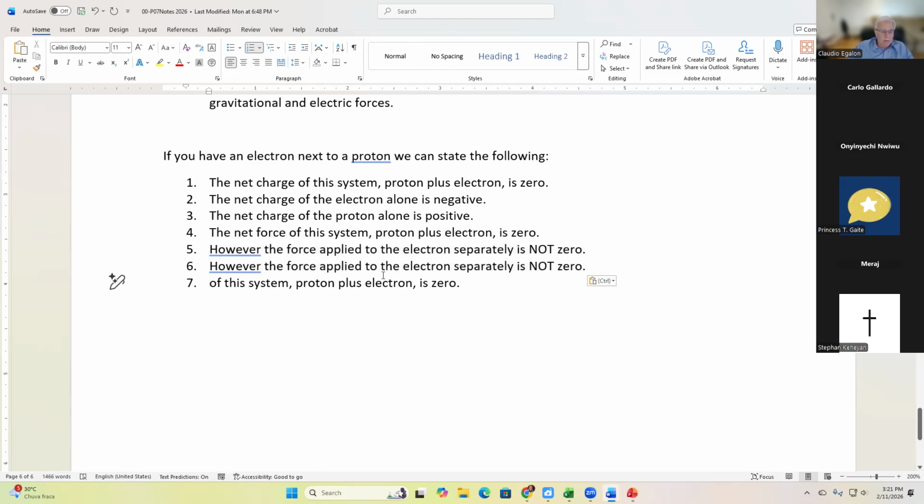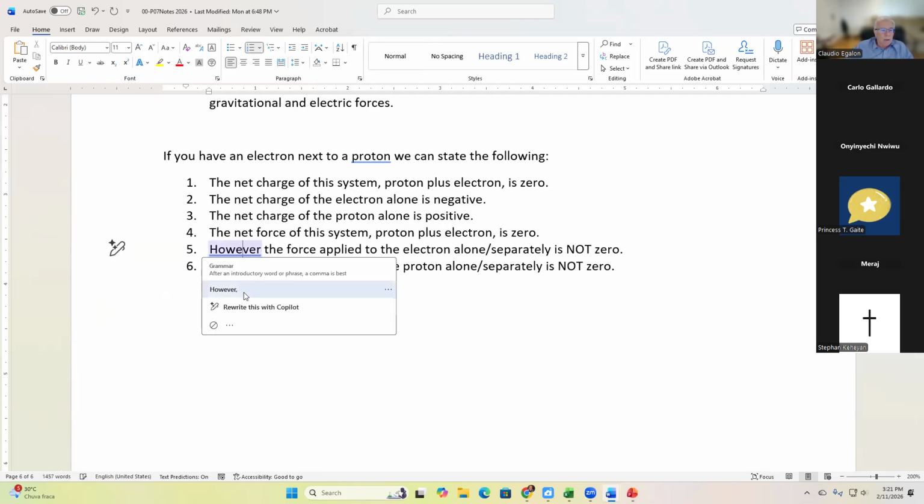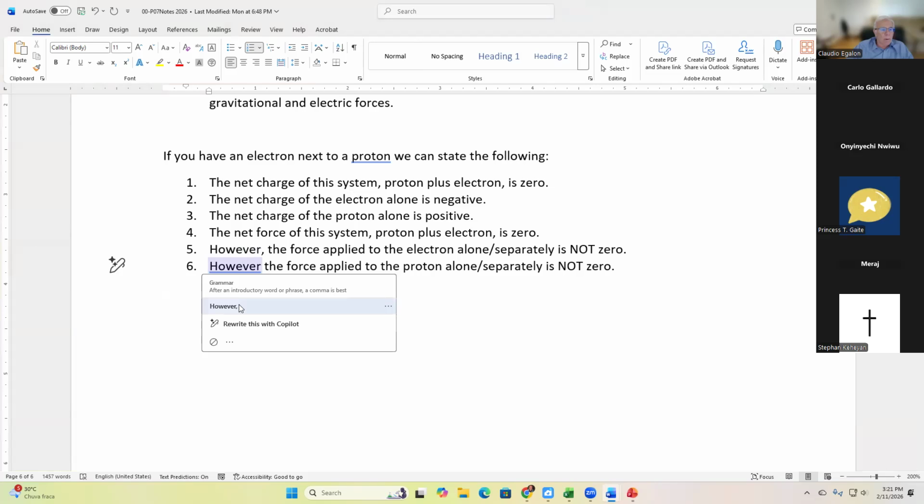The force applied to the proton alone, or separately, is not zero.